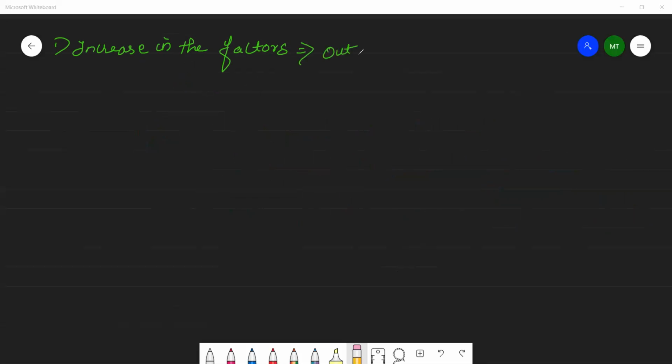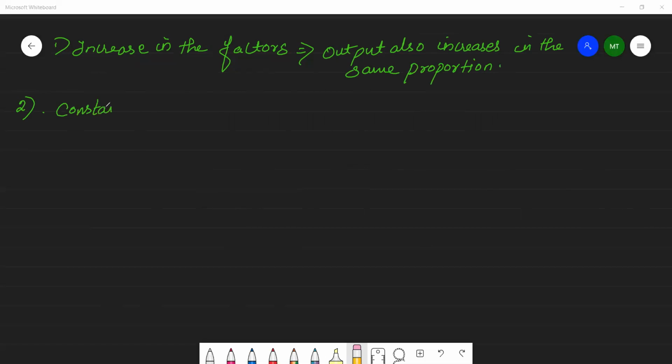Second, the Cobb-Douglas production function implies constant returns to scale.